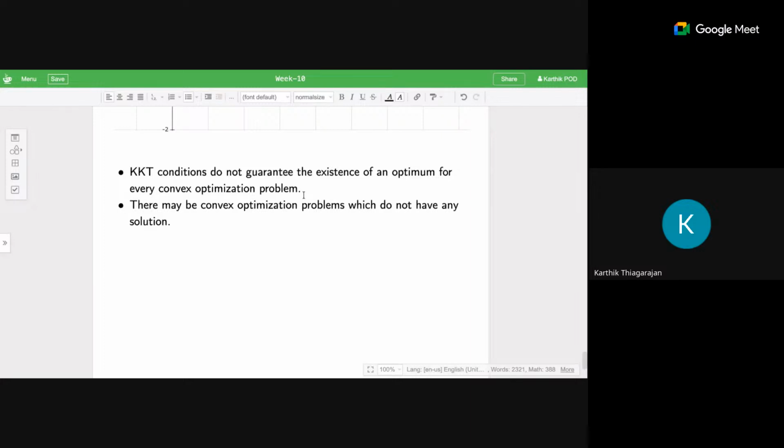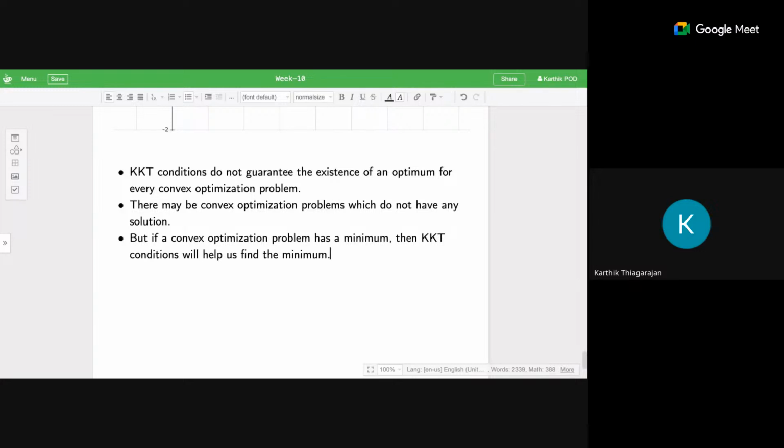Okay, so there may be convex optimization problems which do not have any solution, but if a convex optimization problem has a minimum, then the KKT conditions will help us find the minimum. Okay, this is guaranteed. That is what the theorem guarantees. If you have a minimum, then the KKT conditions are all you need to locate that minimum.